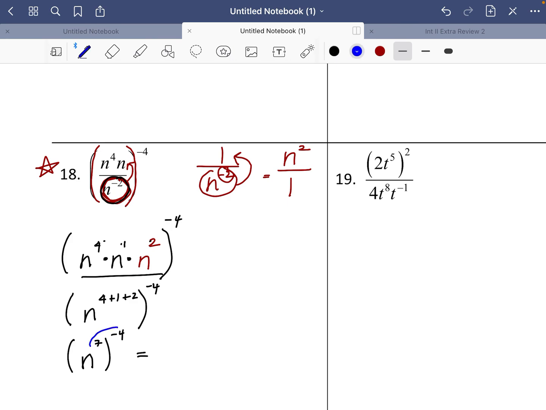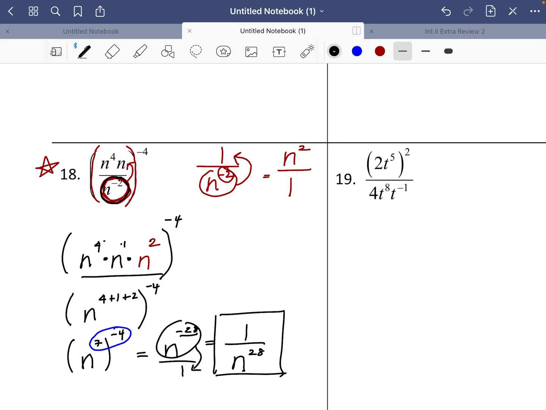And then here I have exponent on top of exponent, which means I can multiply. So n to the power of negative 28, which again has a negative exponent. So I'm going to flip it upside down, which means n is going to now go to the denominator and change negative 28 to positive 28. That's the final answer.